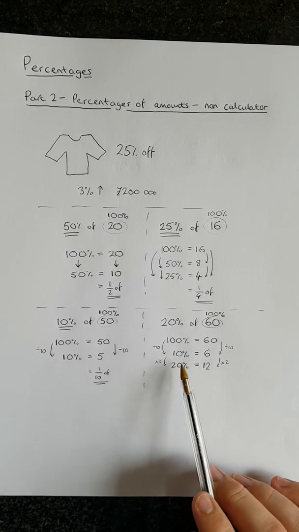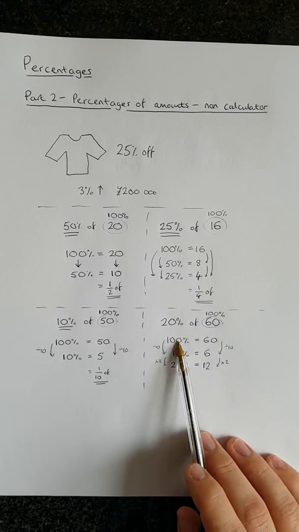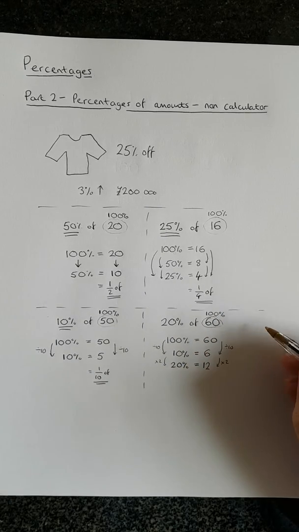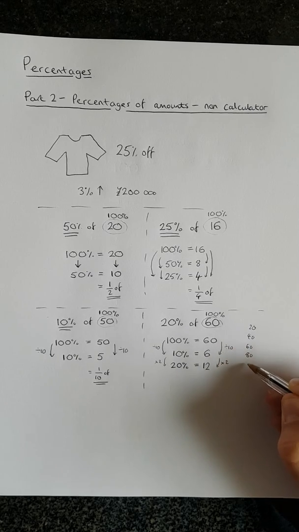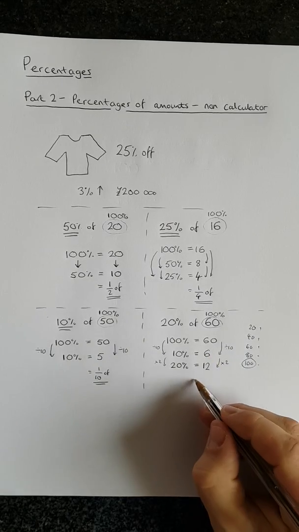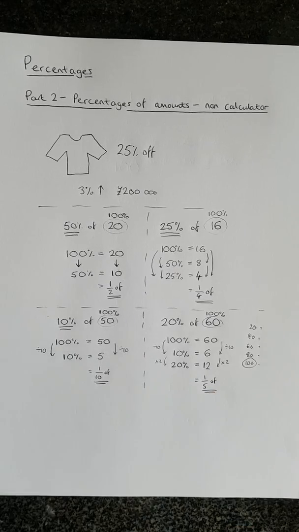Let's check something here though and see if we could have gone all the way in one go. So how many 20s go into 100? That's 20, 40, 60, 80, 100. 1, 2, 3, 4, 5. So we could have just divided by 5 and found 1/5.